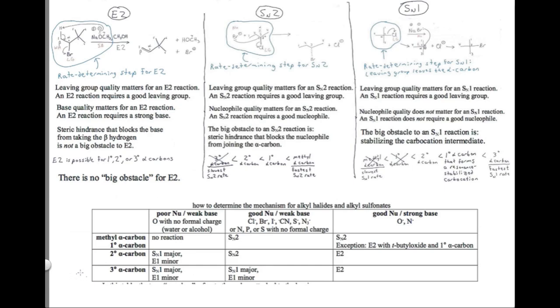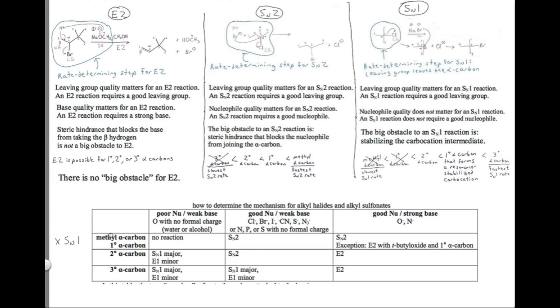Now, notice that if you look at the first row of the table, there are no SN1 reactions in the first row of the table. Why are there no SN1 reactions in the first row of the table? Answer: because we've learned that SN1 reactions are impossible for methyl and primary alpha carbons, because methyl and primary carbocations are too unstable to be formed.